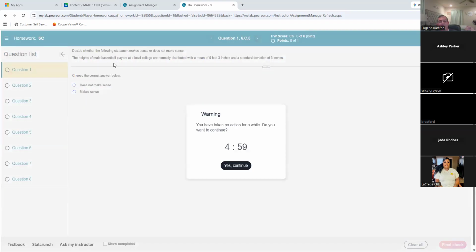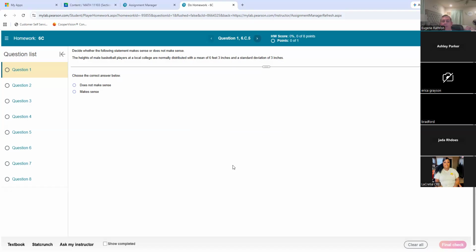And that standard deviation is not what we would say was very far off. So 3 inches sounds like a decent standard deviation on the height of basketball players with a mean of 6'3".